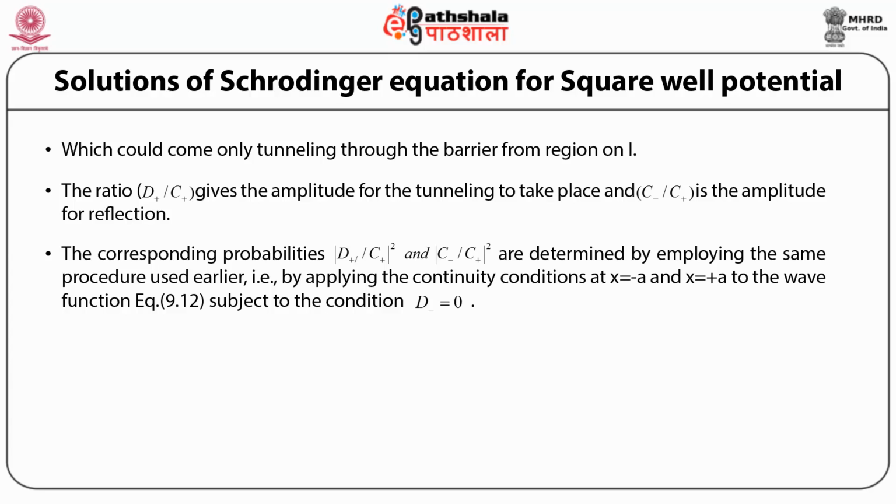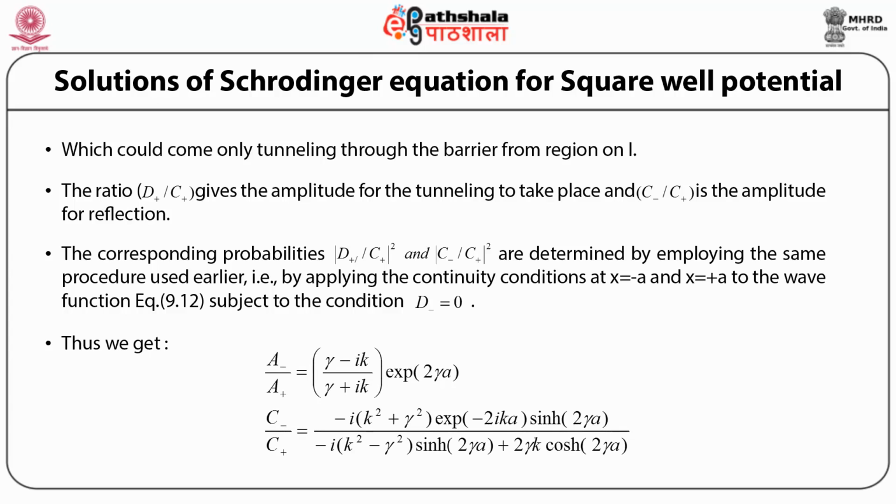That is, by applying the continuity conditions at x equal to minus a and x equal to plus a to the wave function defined by equation 12, subject to the condition d minus equal to 0.